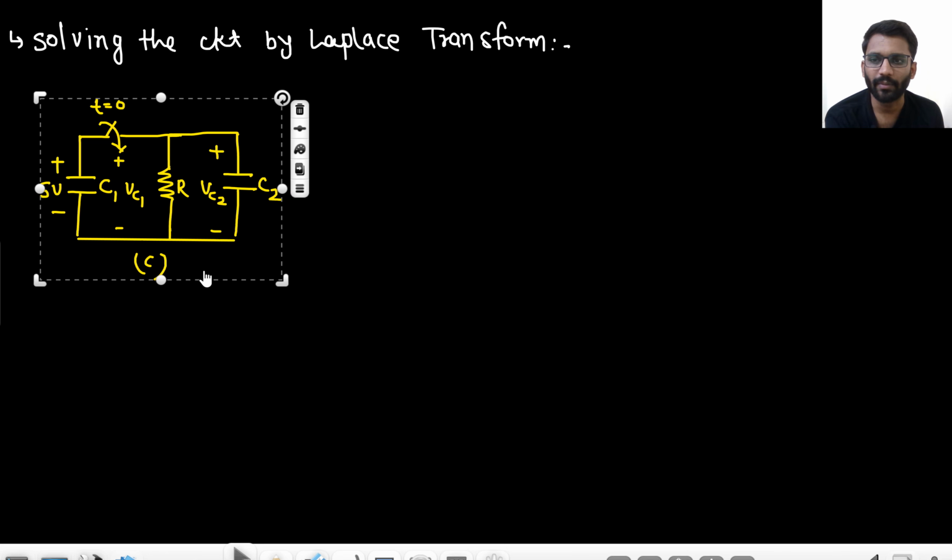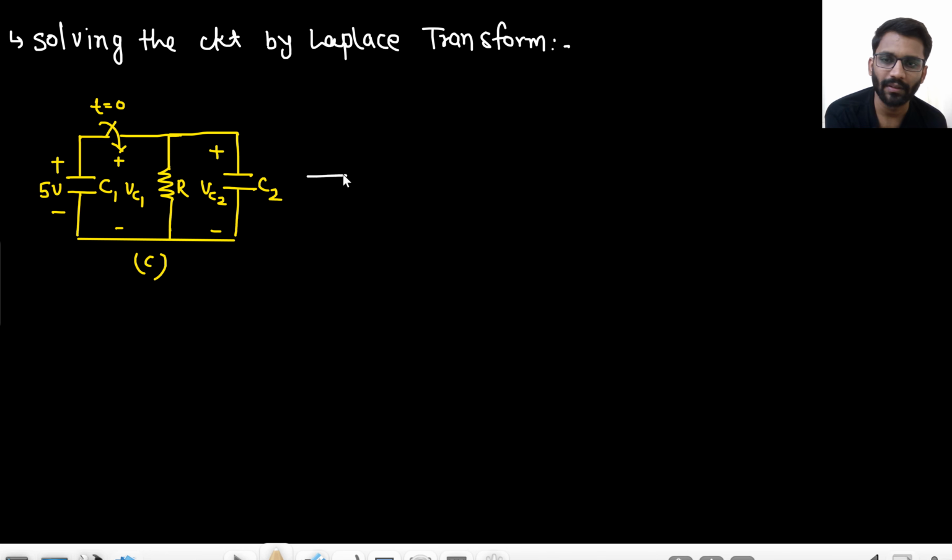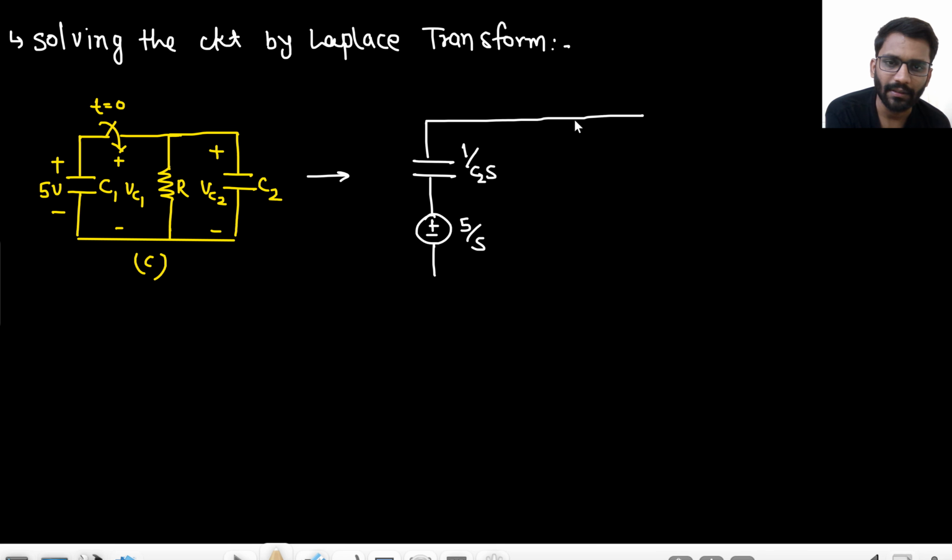Tell me how this circuit will be replaced in the Laplace domain. This capacitor will be replaced with 1 by C2S and a battery of 5 by S. A resistance R will be there. This C2 will be replaced with capacitance 1 by C2S.